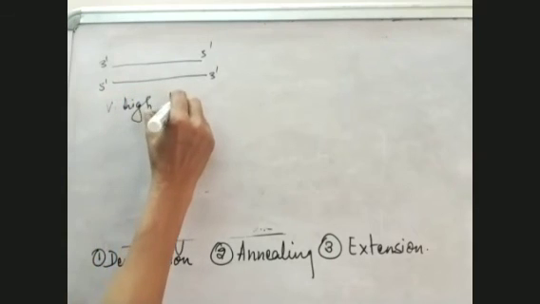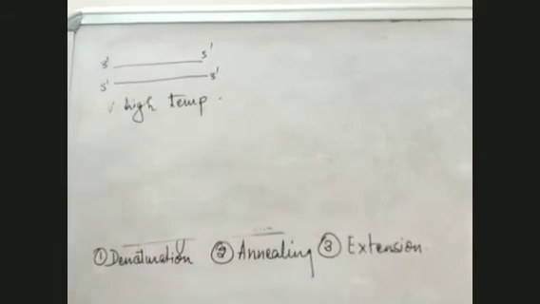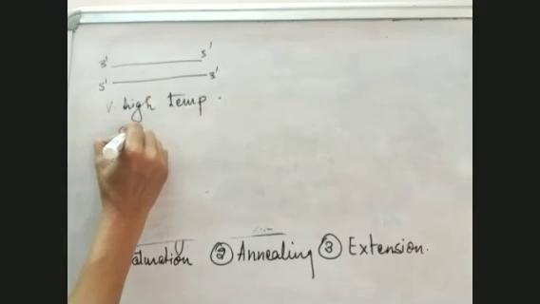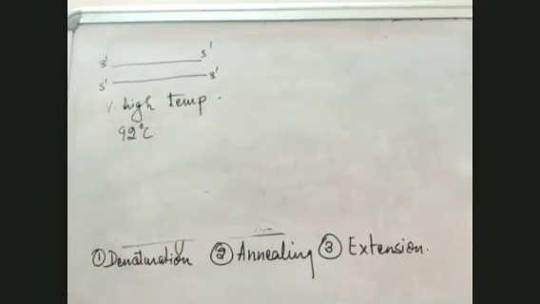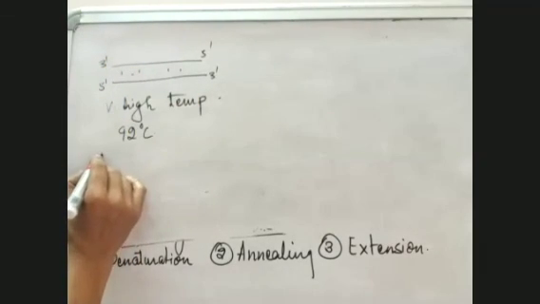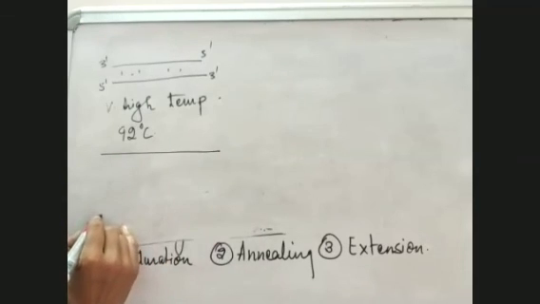The temperature which these DNA strands are exposed to is about 92 degrees centigrade. It has to be from 92 to 97, 98 somewhere, but the optimum temperature which is mostly used is 92 degrees centigrade. At this high temperature, both the strands of DNA get denatured. By denaturing, that means the hydrogen bonds are broken. The hydrogen bonds which connect both the strands get broken, and these strands get separated like this.